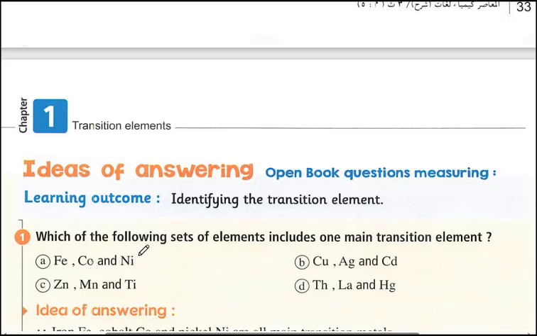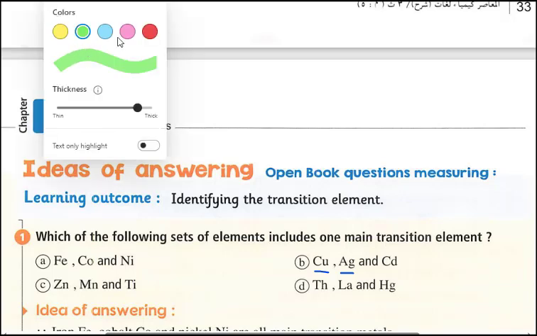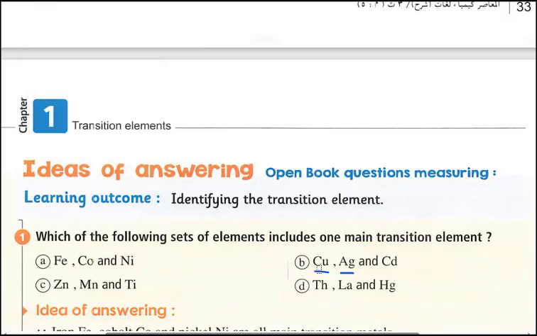So the 3d or d sublevel is occupied with electrons but not completely filled. There are three main transition elements. Copper is considered a main transition element. Silver in the same group, a main transition element. There are two elements here of the main transition elements. It is not one, two elements.